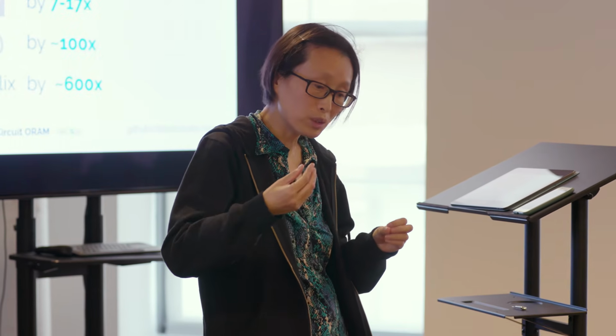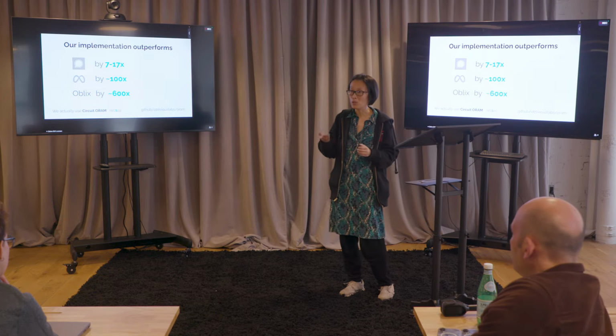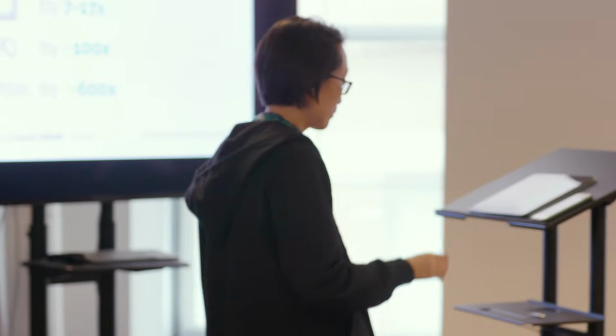Once we use these external memory algorithms to optimize away the page swap overhead, the computation overhead becomes more important. If you don't do anything, your page swap will be like 90% of the overhead. Then we can balance the page swap overhead and the compute overhead, and we are at the point where we have to further optimize the compute overhead. This is why circuit ORAM is better than path ORAM.